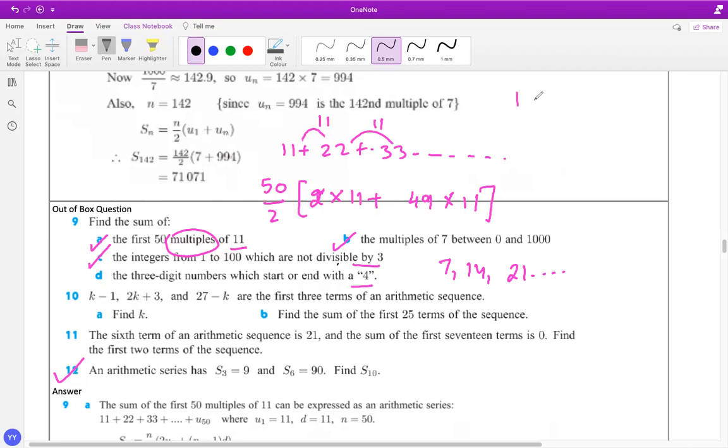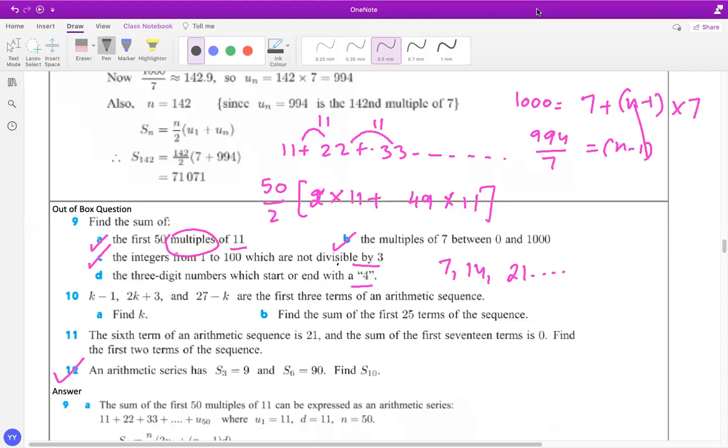So if you equate 1000 to the nth term formula, 1000 equals 7 plus n minus 1 times the difference, the difference is also 7, so it becomes 994 upon 7 equals n minus 1. And if you try to divide it, it doesn't divide. So which is the last term that is divisible by 7? It requires some trial and error, where you use your mind and logic. Whenever you're finding the last multiple of 7, you just see which is the last number that is divisible by 7.